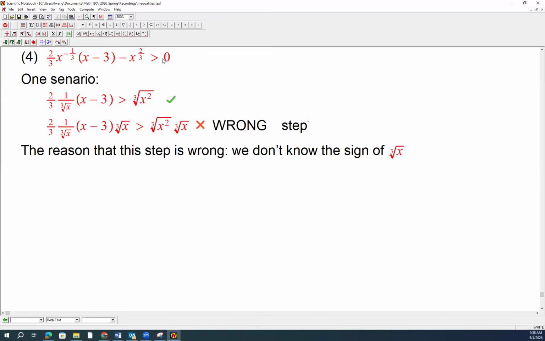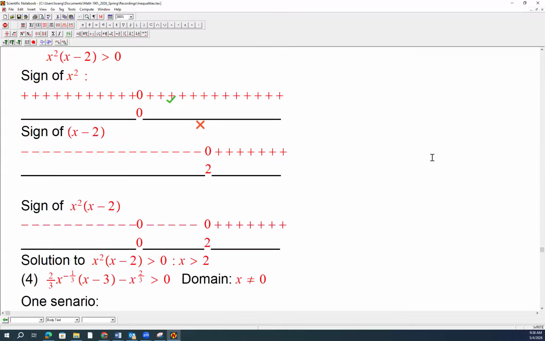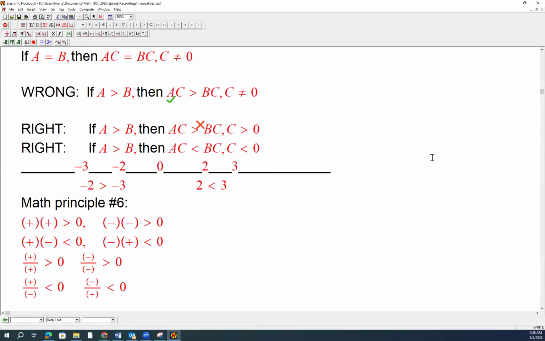The function has a domain of all real numbers but 0. So x can be positive or negative. So remember the principle we talked about earlier, right?